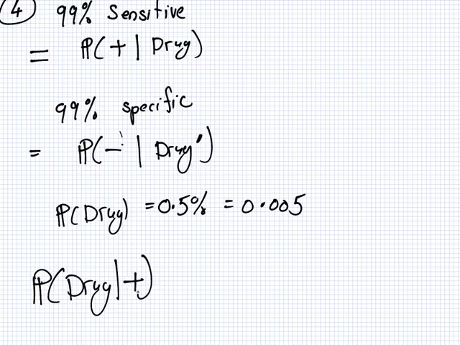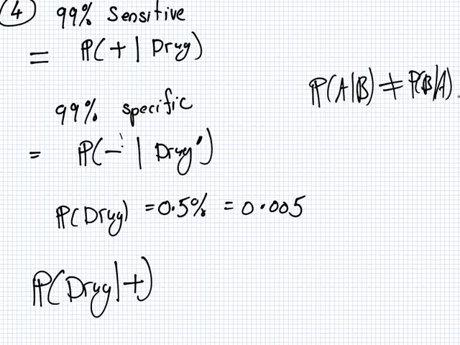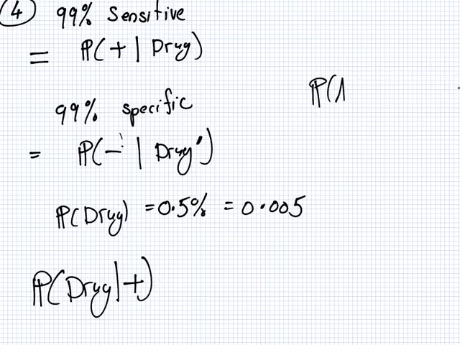Now you see, it seems like it, but remember earlier we had an example where we saw A given B, we did not get the same number as B given A. Yeah, so actually it seems like at first it should be 99, but it turns out it's not. The person got a positive test result, so you know the test result is positive. This is like real life. A person takes a test, you see it's positive, you know it's positive, and you want to know the probability that they use drugs.